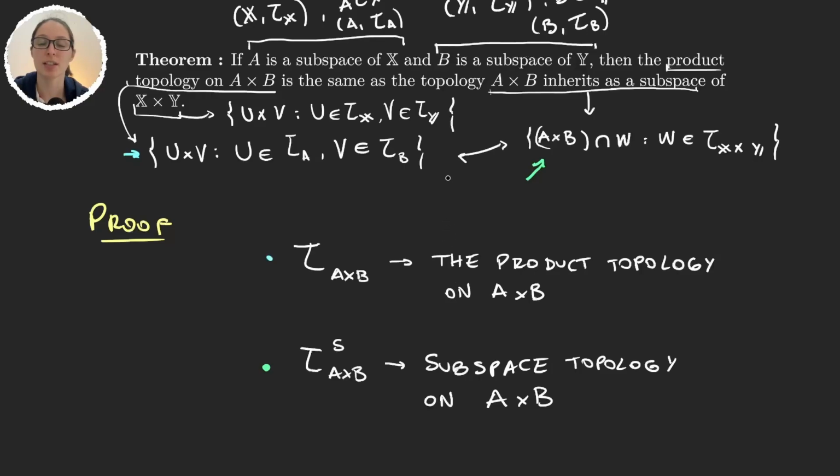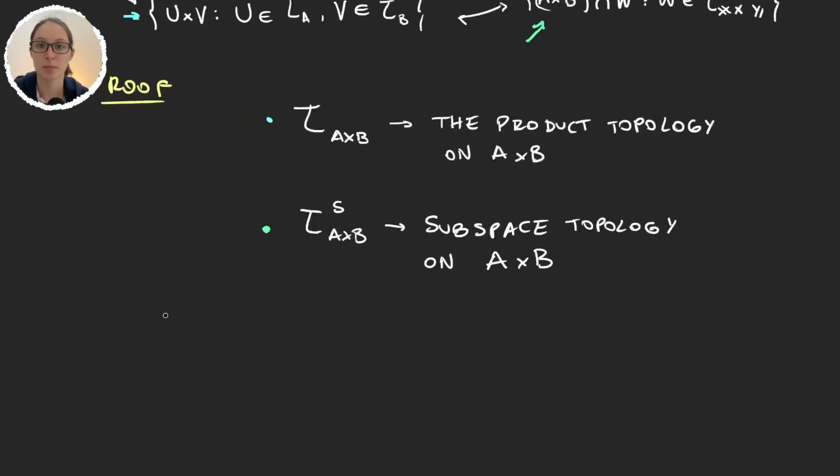But it's actually extremely simple to prove this, because if we take an element in the tau S A times B, this element would have to be, like we say here, A times B intersection W, where W is an element in the X times Y topology, in the product space topology.